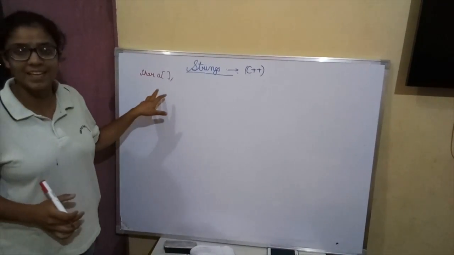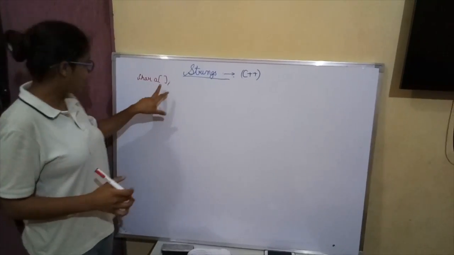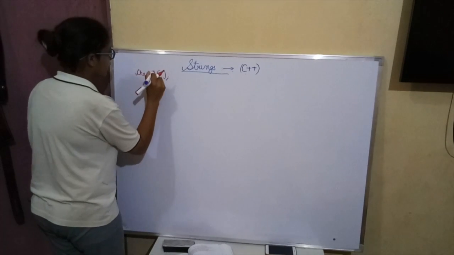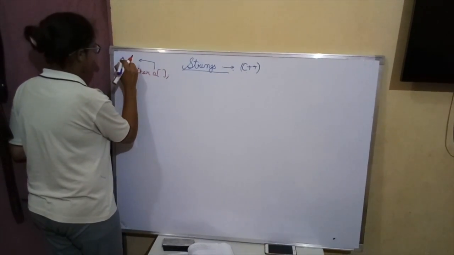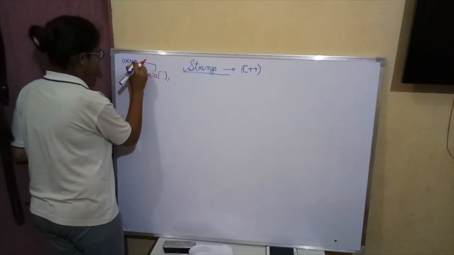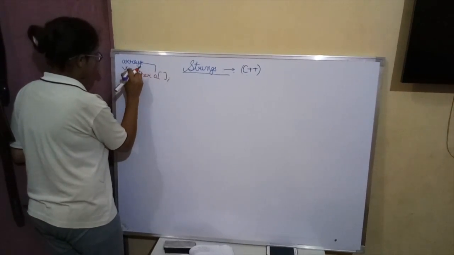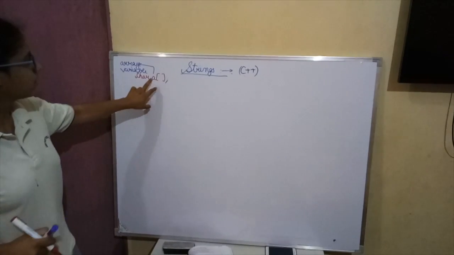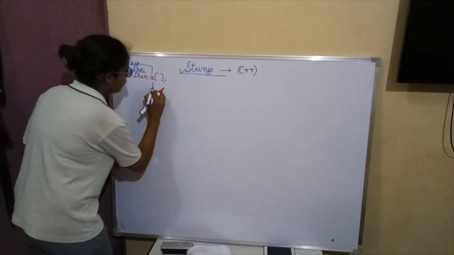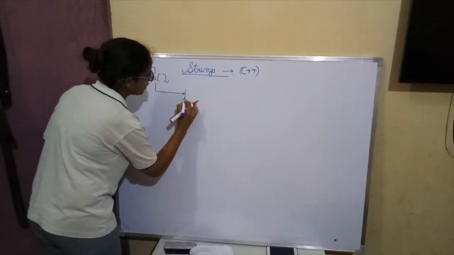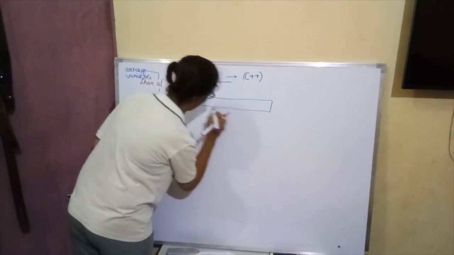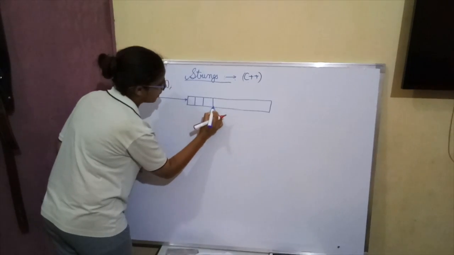We have declared a character array A. An array is basically a variable of array type, and this variable is a pointer to the first index, or the first address, of the array segment.